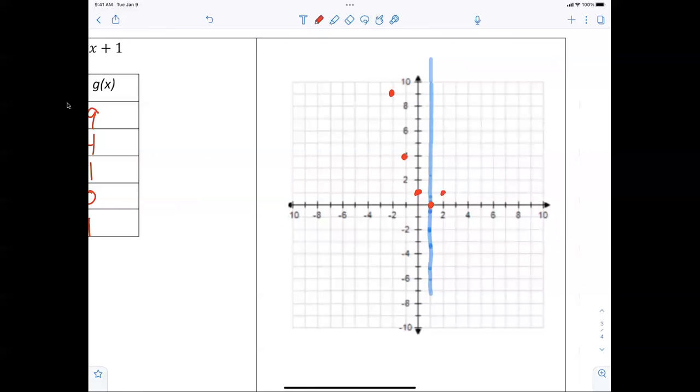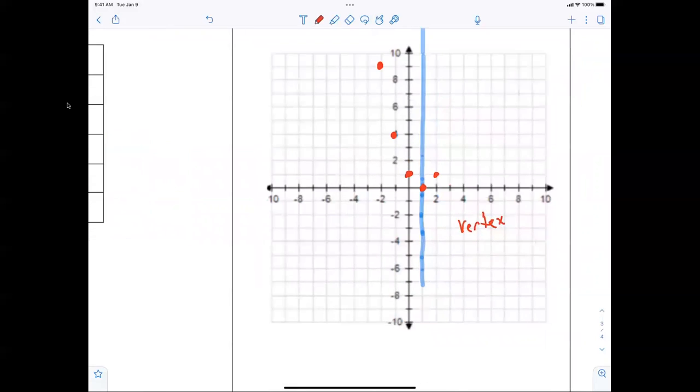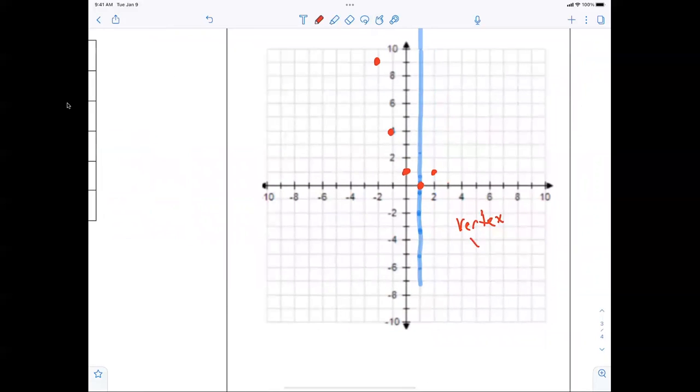And what's the vertex? Someone? 1, 0. Okay, what's the axis of symmetry? Nope. It's always an equation of a line. x equals 1. Thank you very much.